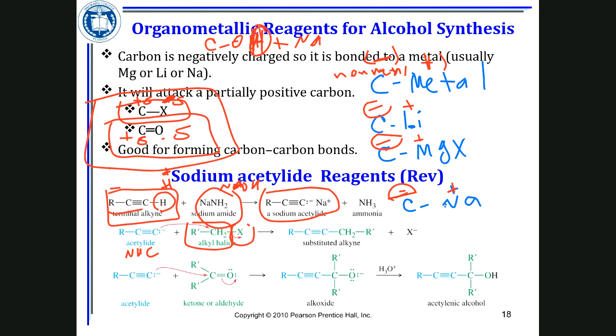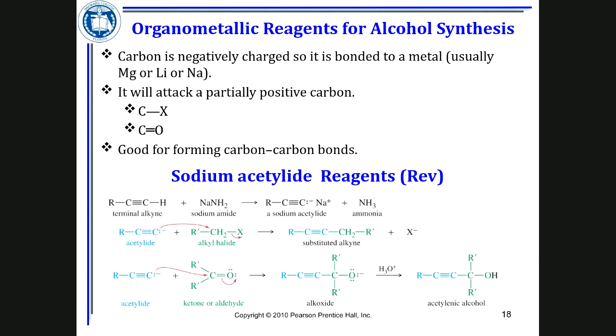If you have your acetylide ion prepared and make it react with the carbonyl group, now in the carbonyl group there is no leaving group. So if you don't have any leaving group, what's going to happen? The weakest bond is going to break. The weakest bond that is breaking here is the pi bond. It breaks over the oxygen and gives a negative charge. Now we have an alkoxide.